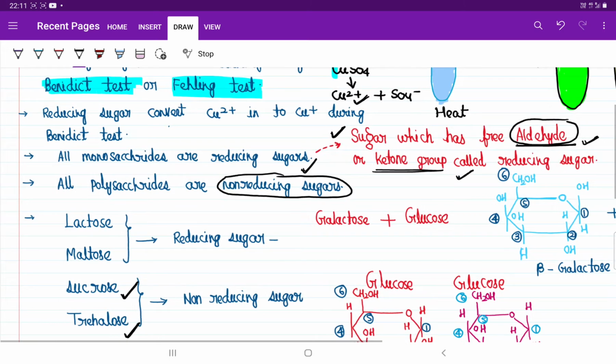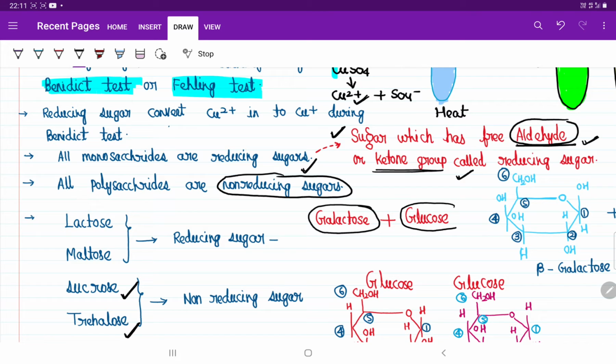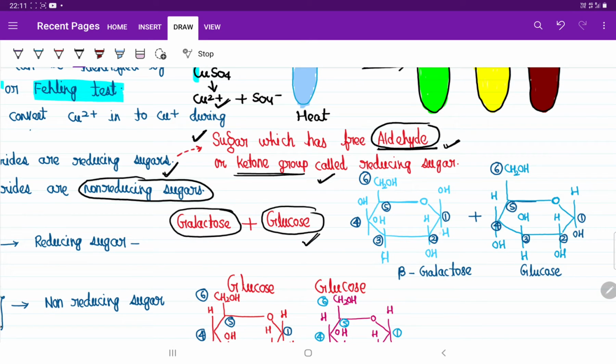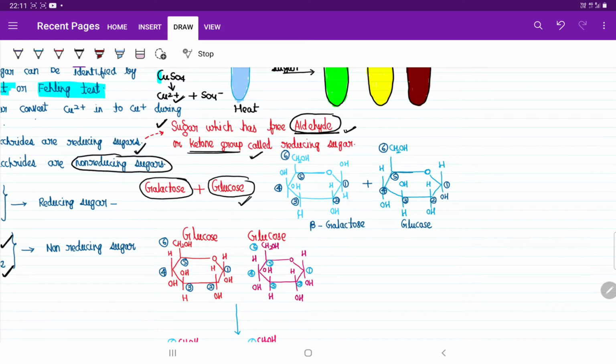For explanation's sake, I am taking the example of lactose. Lactose has two kinds of sugar, one is galactose, a 6 carbon sugar, and another one is glucose, also a 6 carbon sugar. Both are aldehyde sugars. You see, this is galactose: first carbon, second, third, fourth, fifth, sixth carbon. And the same for glucose.